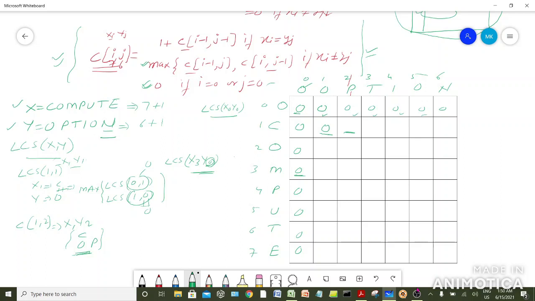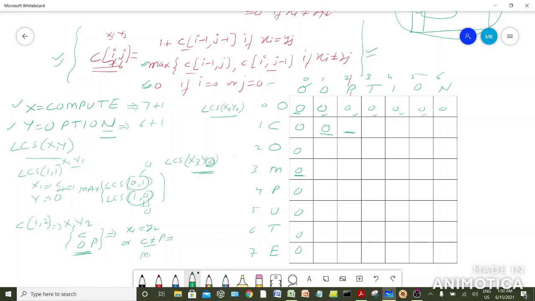Or you can directly apply the condition: if x of 1 was equal to y of 2, or if C was equal to P, it was not equal, so again we are going to move to the second condition.